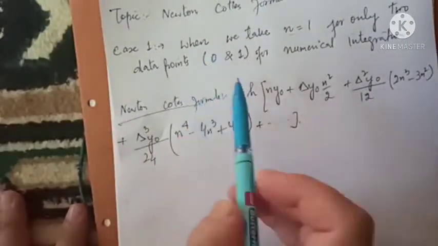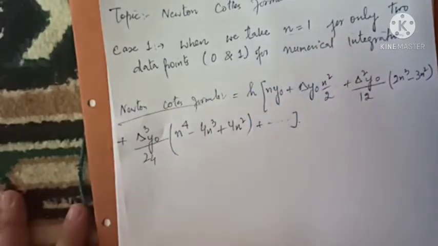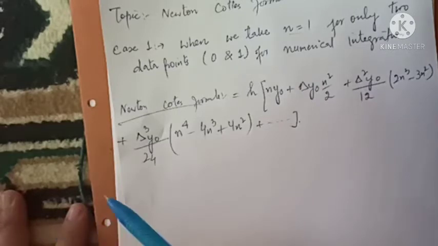Now the first case is if we substitute n is equal to 1, the formula which we generate will be the trapezoidal formula.